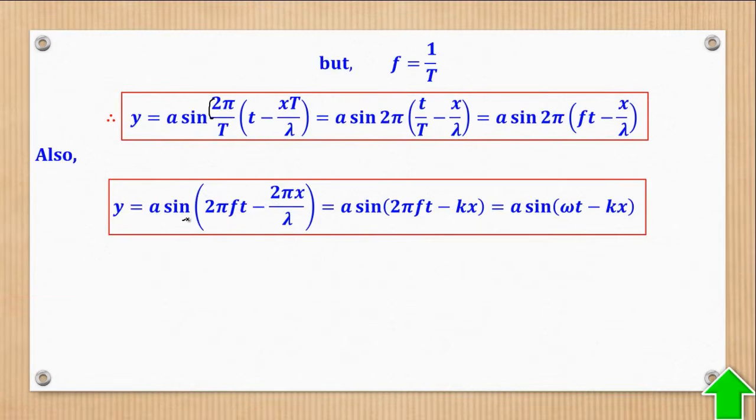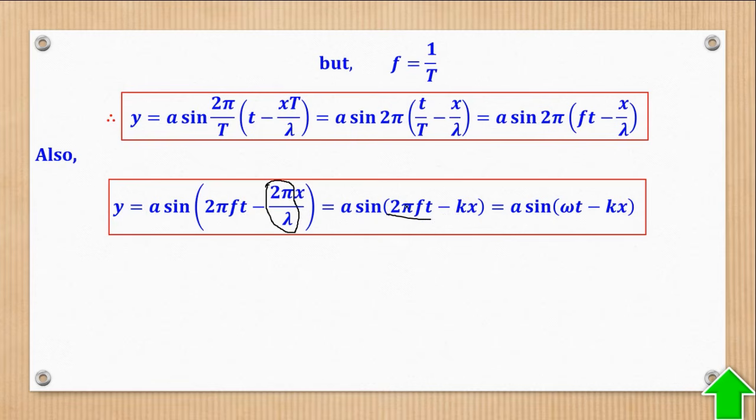I'll come up with this. So 2 pi ft minus 2 pi x over lambda. And also furthermore, I can say that why don't I make the whole of this be equal to a constant, which is k. So I'll come up with this part, 2 pi ft minus kx.